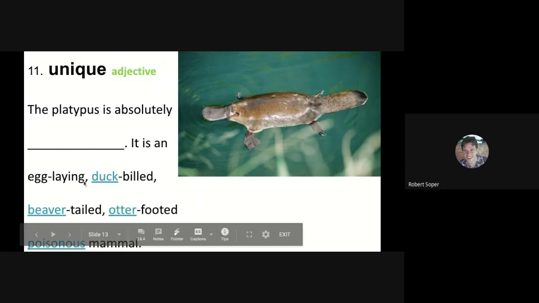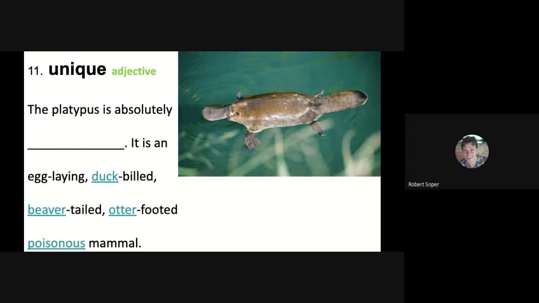It is an egg-laying, duck-billed, beaver-tailed, otter-footed, poisonous mammal. So it lays eggs, it's duck-billed, it's got a beaver tail, it's otter-footed, and it's actually poisonous. It's a poisonous mammal. So this makes it completely unique.